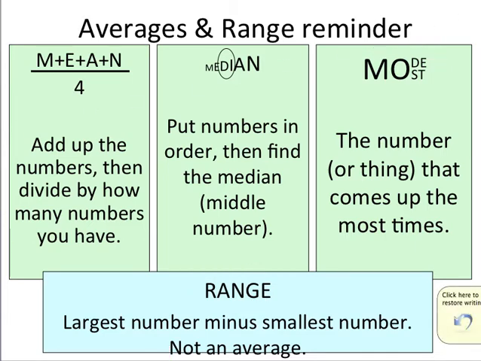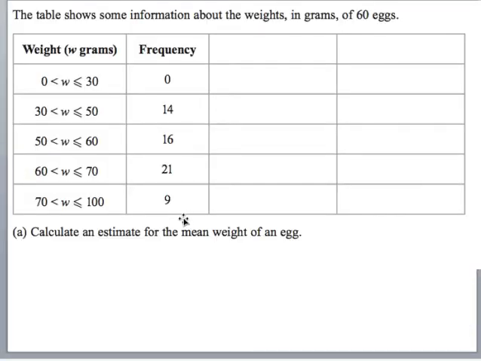Remember that the range is not an average, it's the largest number minus the smallest number. Now, you may be faced with a question such as this, where you're shown a bit of a data set, and you are given values in that data set. For example, in this particular question, we're given information about the weight of 60 eggs, in grams. You will notice that we are given what's called class intervals.